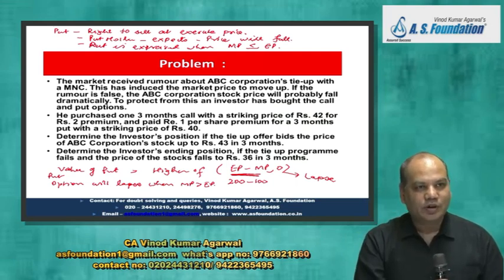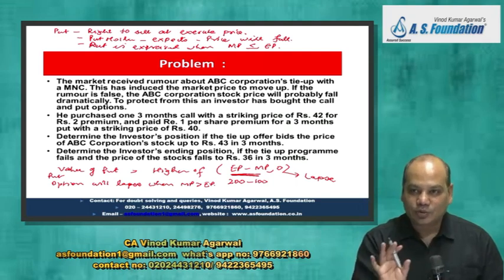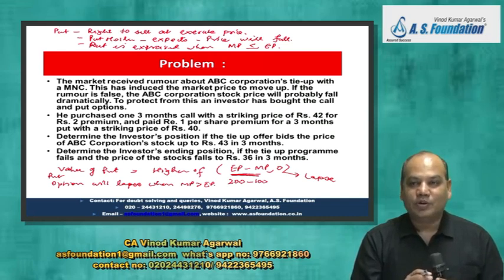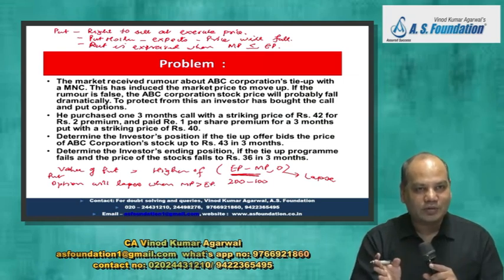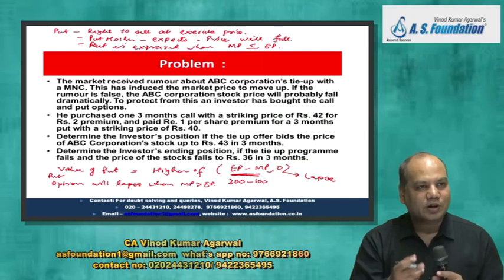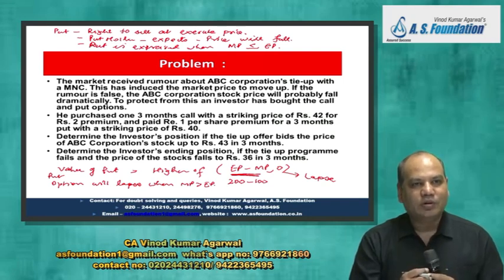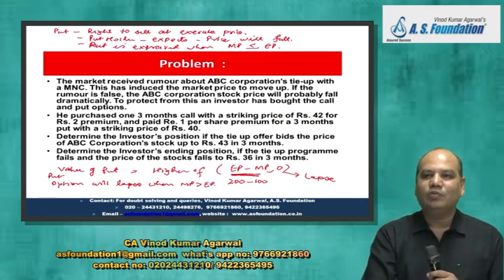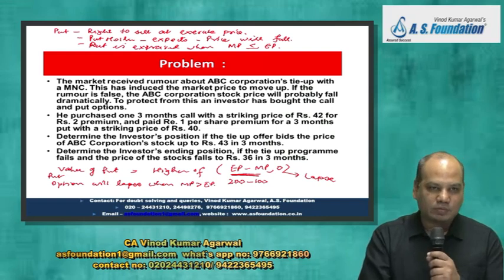Okay. Now in this subject, you have to see the accounting. So basically your accounting would involve here, one, premium received or paid depending upon whether you are holder or writer. Option being a derivative, and derivatives are measured using fair value technique. Every reporting date you have to do the fair valuation, and change in fair value will be recognized in P&L account, and then on settlement date again you have to check whether there is a gain or loss, and that will be recognized in profit and loss account.